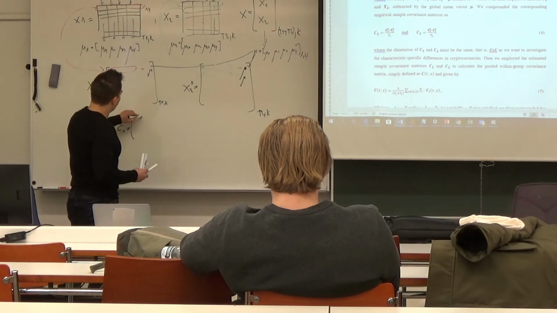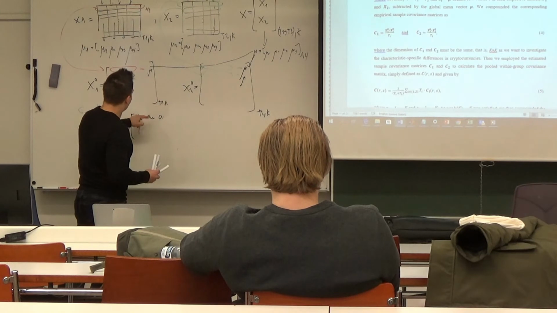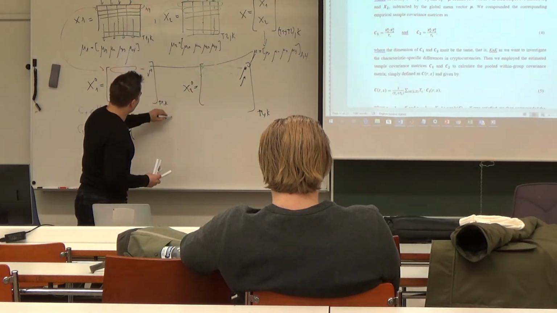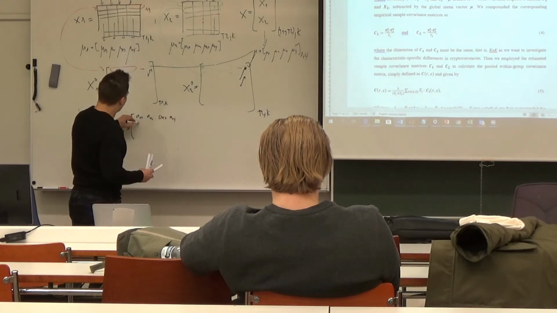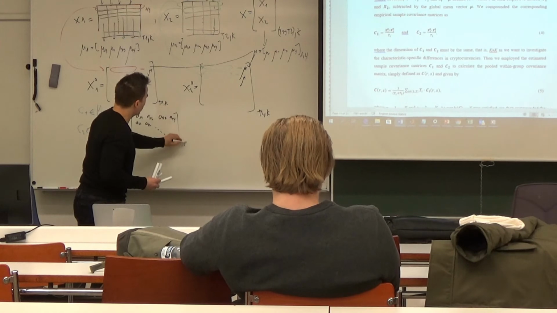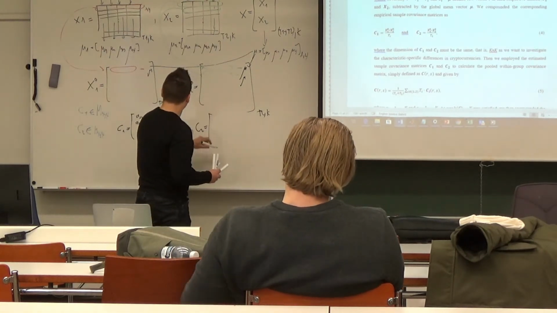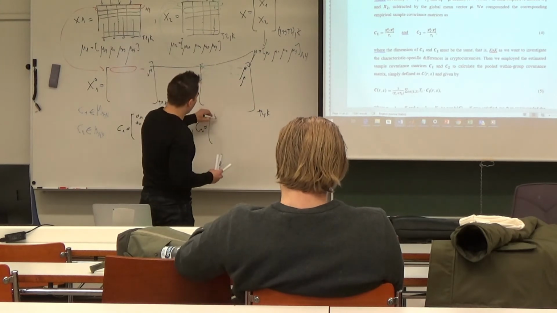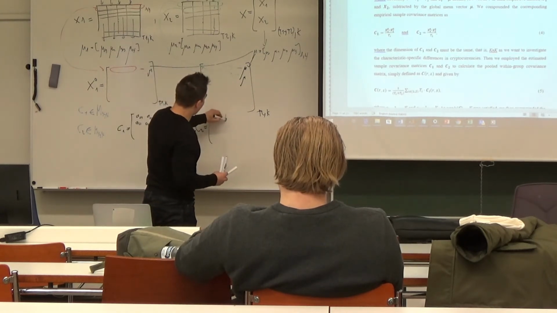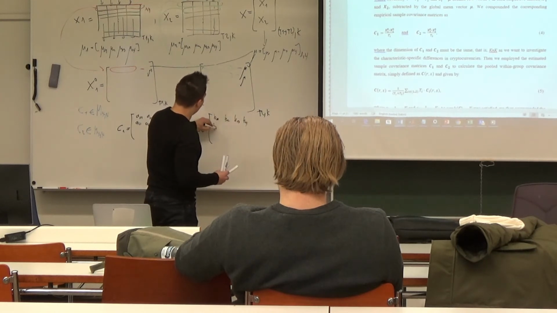It has certain elements. It's a 4 by 4 matrix, and our C2 is also a symmetric matrix, but it has different elements obviously here. Let's say B11, B12, B13, B14, B21, B22, and so on and so forth.